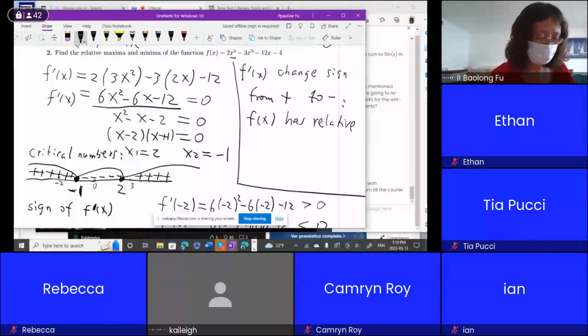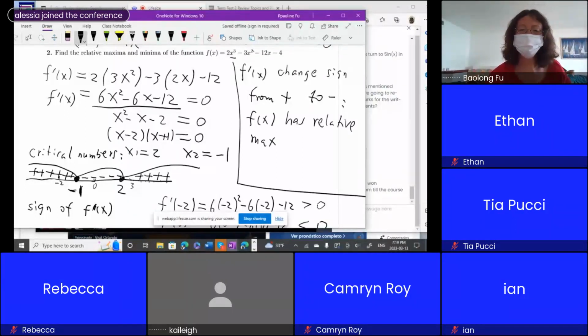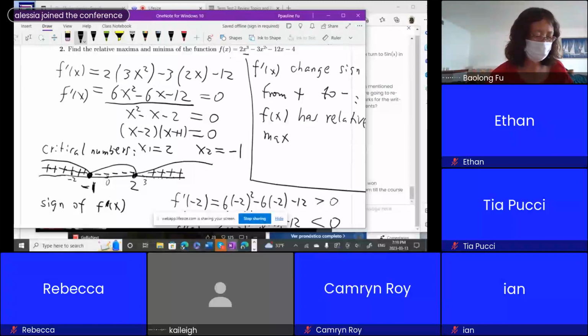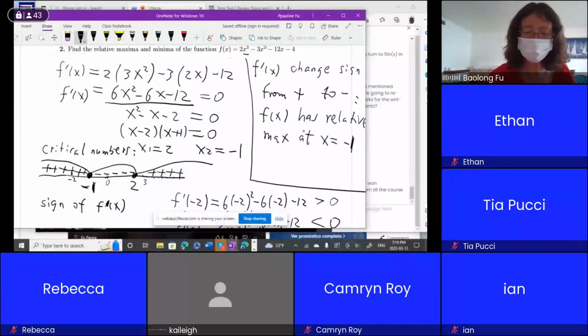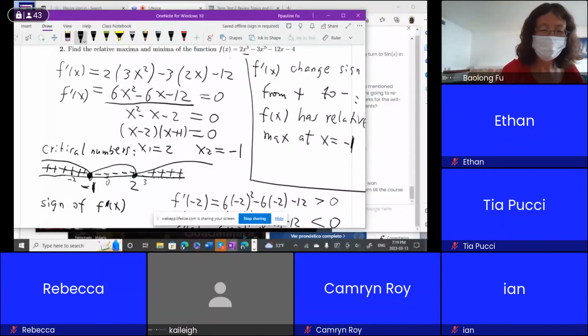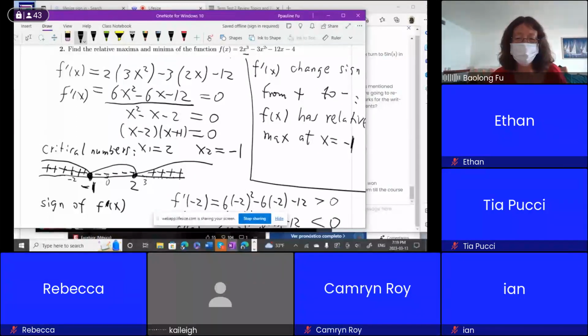At which point? At x equal to negative 1, because at negative 1, the first derivative changes from positive to negative. So negative 1 is the relative maximum.